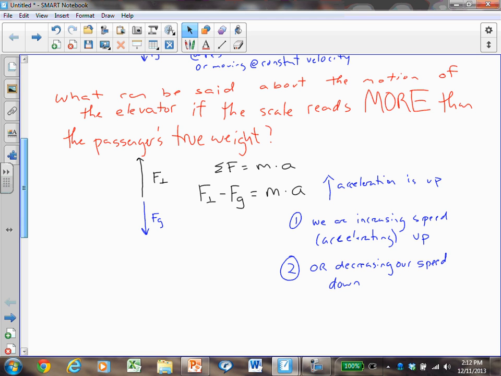The other thing could be that you get in the elevator and pick a lower floor from one of the higher floors. You start going down, and as you get towards the ground, you start to slow down, and that would cause the floor to push up more and the scale to read higher. So those are the two situations.